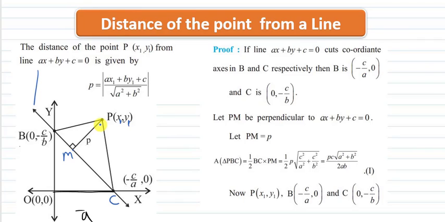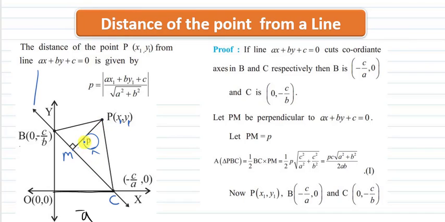Now here you can observe PM is the perpendicular distance of this point P from the line. Let's suppose the length of PM is p, right? If I find this value of p, I will get the distance of the point P from the line. Okay, so let's derive how to find it.